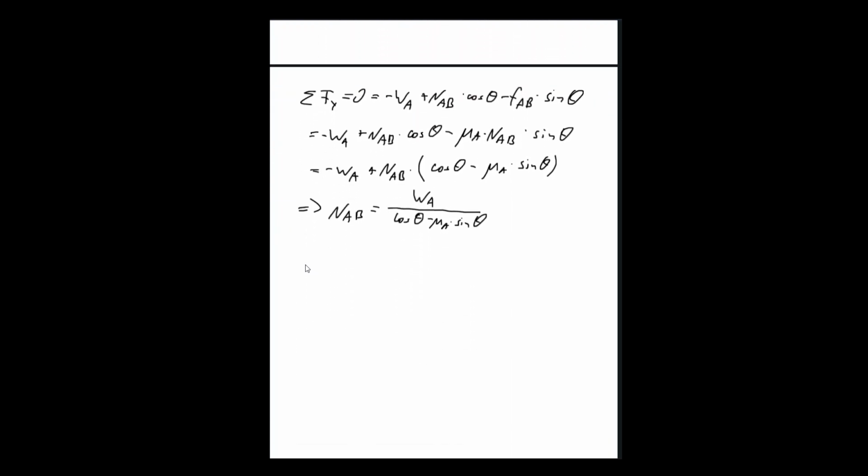If we have NAB, of course, we have FAB, right? That was just mu A times NAB, which is then mu A times WA divided by cosine theta minus mu A sine theta. All right, so we have both of those.